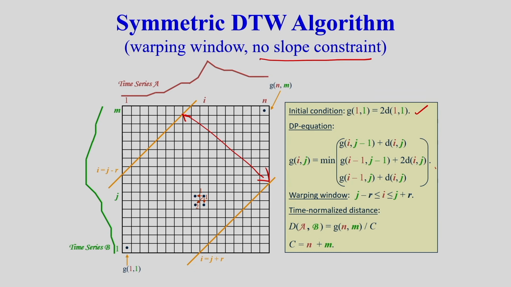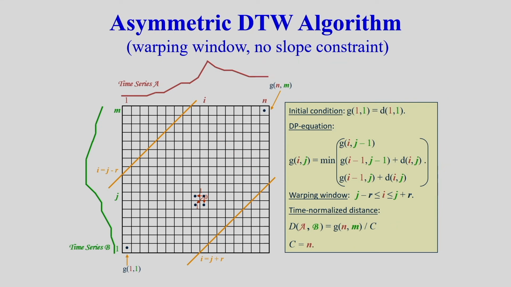So this DP equation, the dynamic programming equation, we can employ, and this warping window we have defined, and we can determine the time normalized distance, and C is nothing but n plus m. So this symmetric DTW algorithm we can employ, and that means we are considering the distance between the time series A and time series B, and we have shown the warping window.